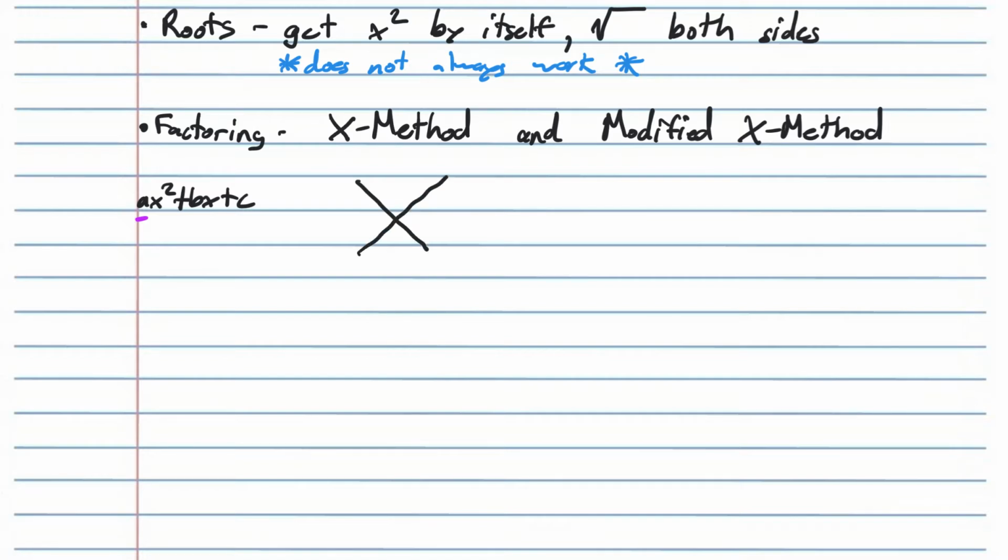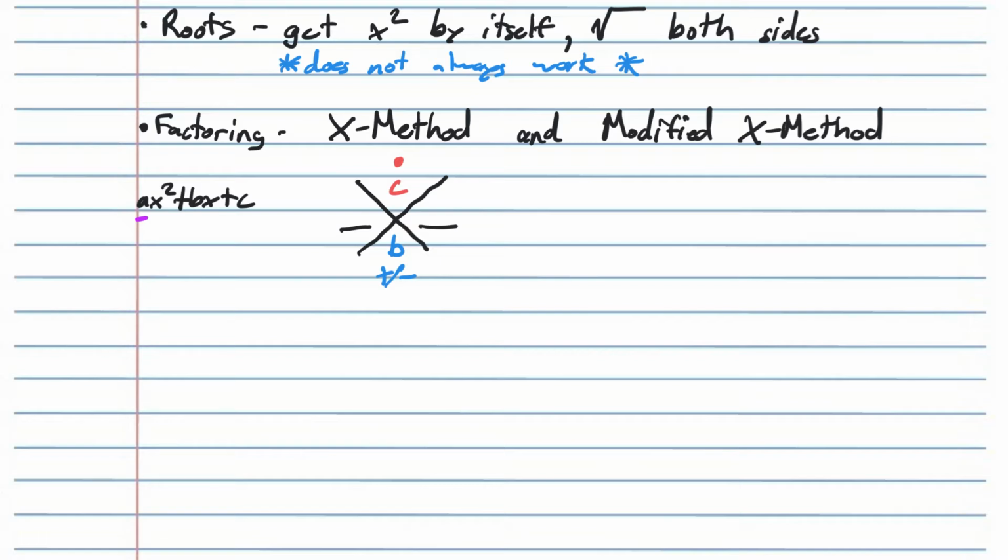The number that goes up top is the c value, and the number that goes down below is the b value. And then we're looking for two numbers, right? The two numbers that multiply to c, but at the same time, they either add or subtract to b, okay? Again, that's like a 30-second recap of what X method was.